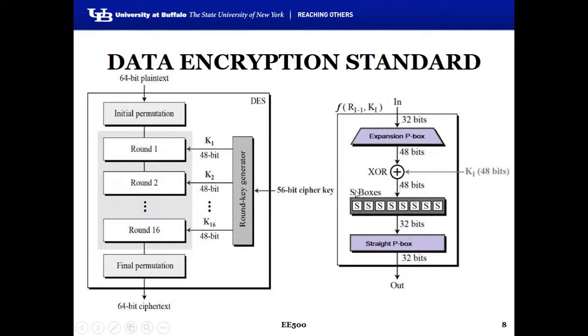Now those 6 bits get converted into 4 bits. So the S box converts the 6 incoming bits into 4 outgoing bits, to get 32-bit data. And that is given as an input to the second block.